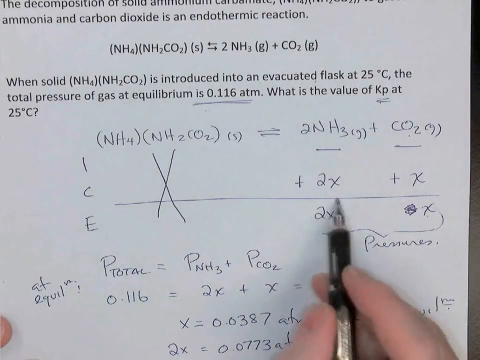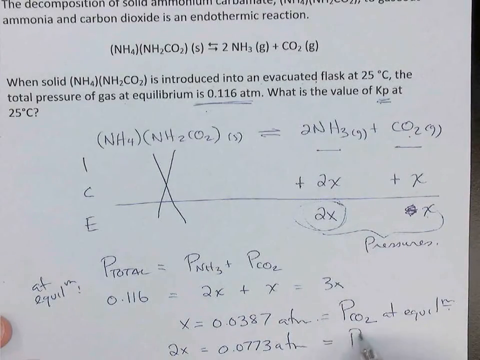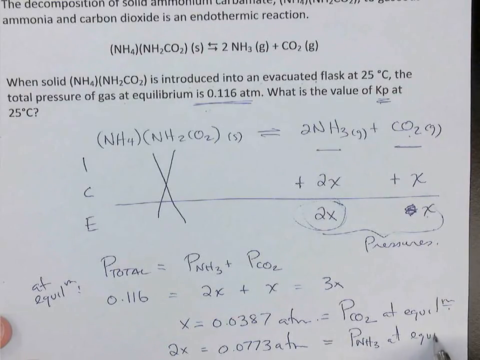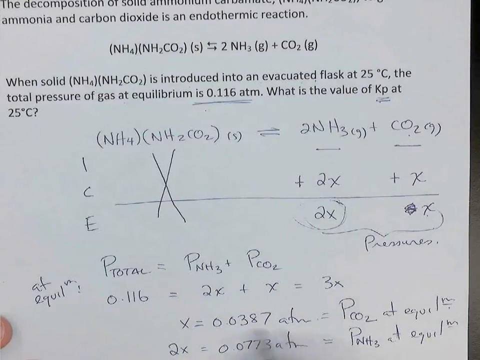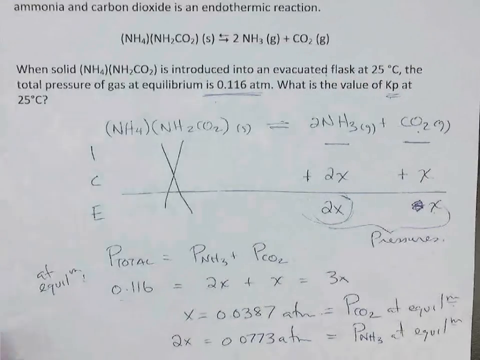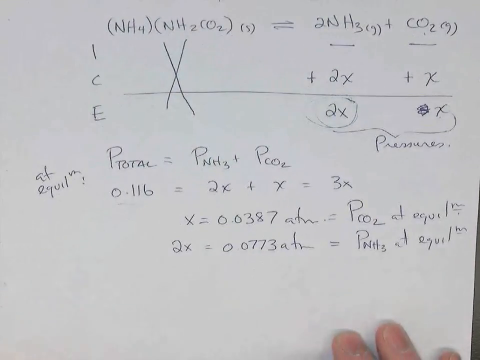And again, looking at the ICE table, 2x is the pressure of ammonia at equilibrium. And if we add those together, we'll get 0.116, which was the total pressure.